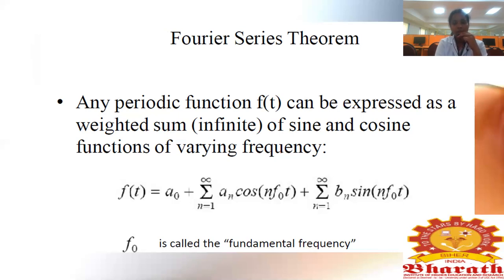So you will have sigma which represents summation, right? So the addition of all the other values like an cos n f naught t, where I'm going to give the range for n. F naught is going to be the fundamental frequency and t is going to be the time, and which part you are going to vary, we are going to vary it with frequency.